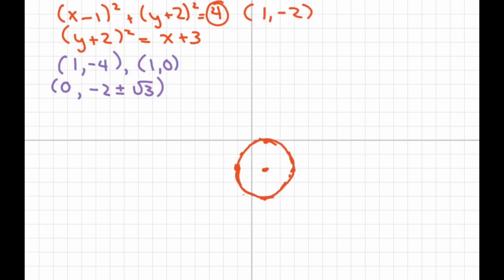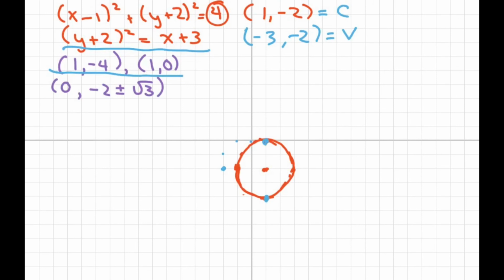Now, I'm going to graph this one. I know my vertex, this is your center. Your vertex is negative 3, comma negative 2. So we go negative 3, 1, 2, 3, 2. Down 2, 1, 2. I'm also going to use my easy points here. We have 1, negative 4, which is here, and 1, comma 0.